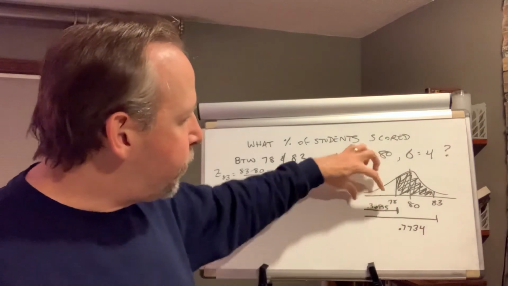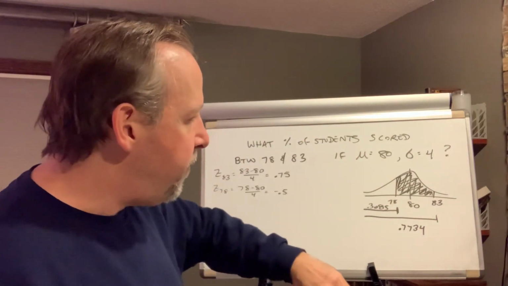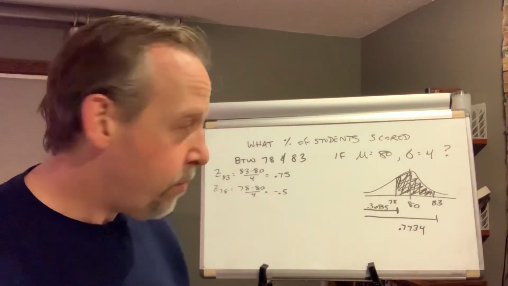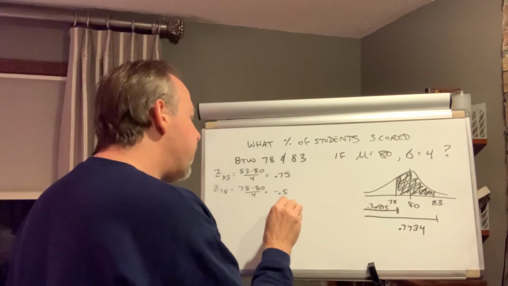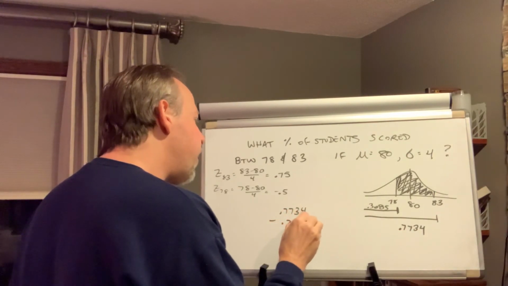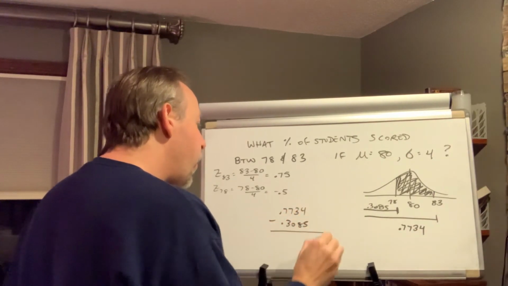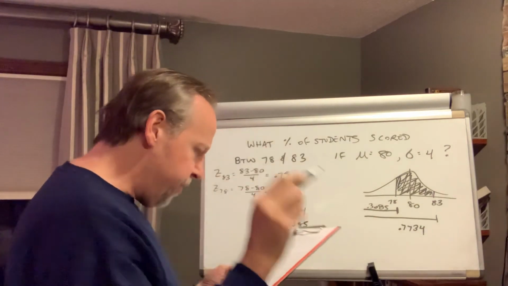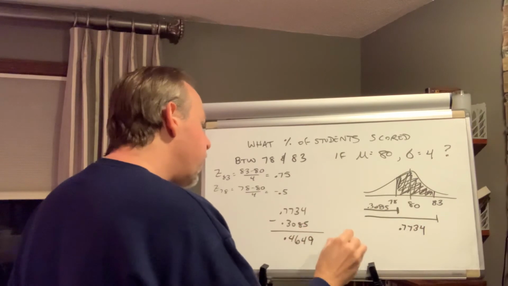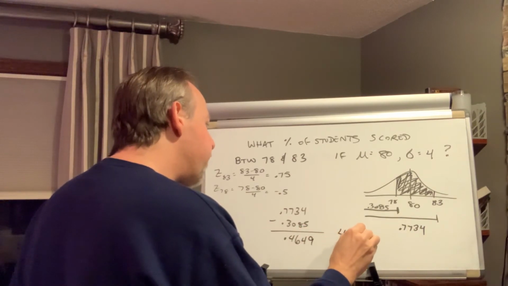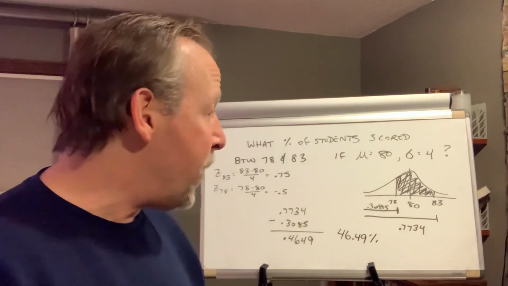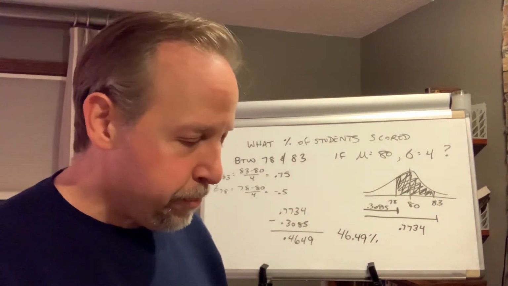What if I just subtract 0.3085 from 0.7734? Well, I'll get the answer. 0.7734 minus 0.3085 will get me my answer, which is 0.4649. So 46.49% of students scored between the 78 and an 83.